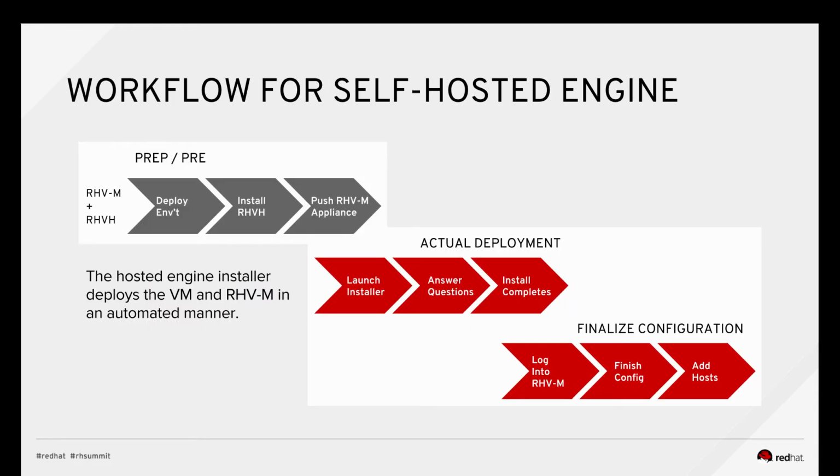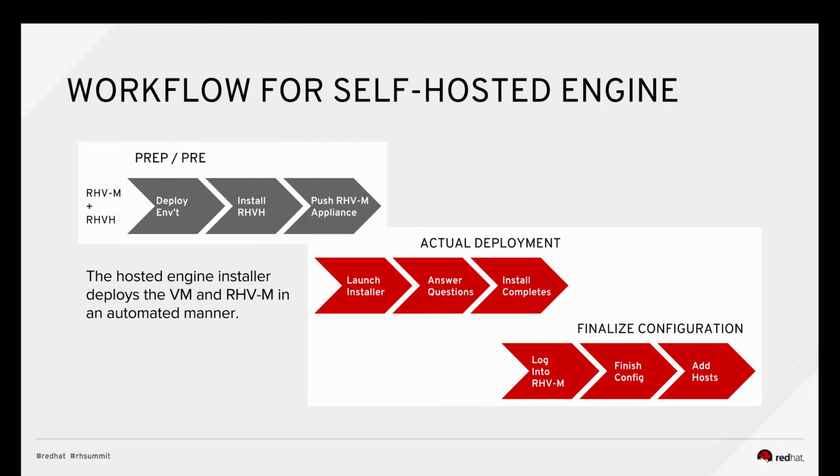The workflow for self-hosted engine is more condensed. RHV-M and the virtual machine itself are deployed almost as one single step. You deploy the environment, you install the Red Hat Virtualization host, you push the RHV-M appliance.